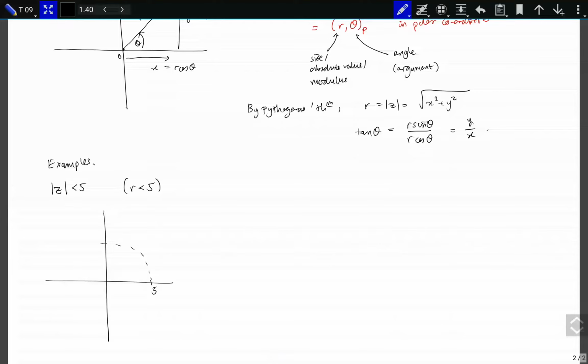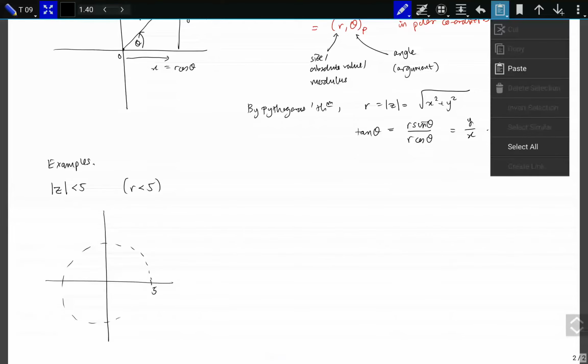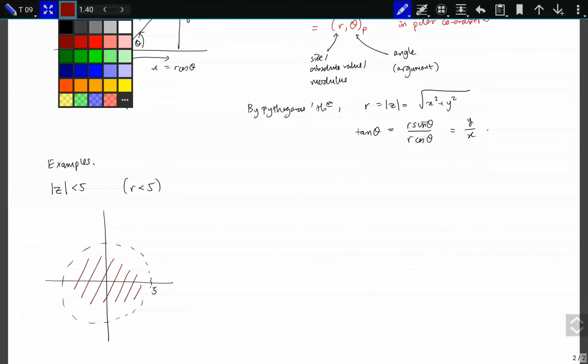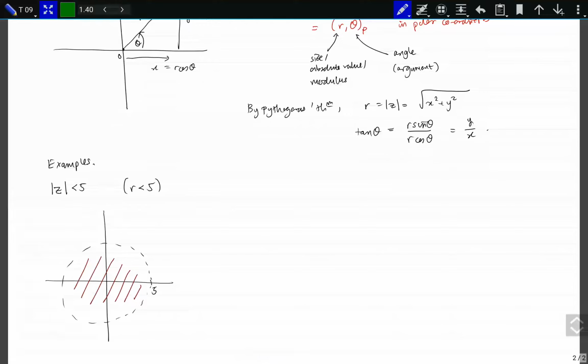I would just draw the circle of radius 5. Well, that's not a great circle I've drawn, but you get the idea. And it's everything in here. So at a point z, the distance from the origin is less than 5.